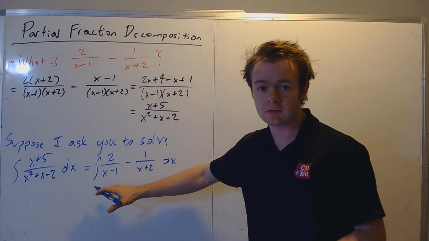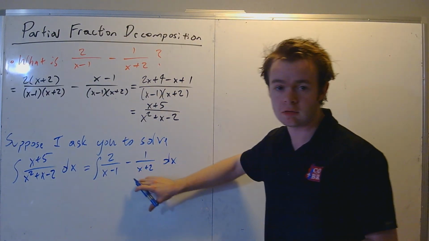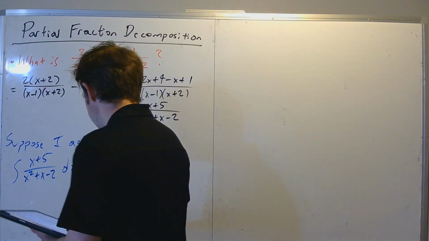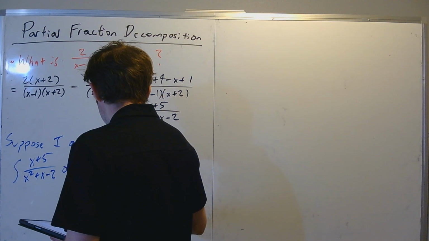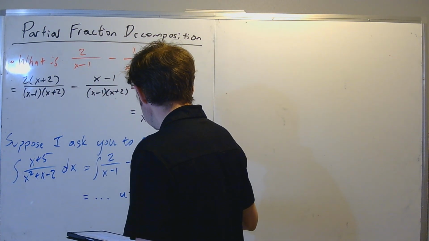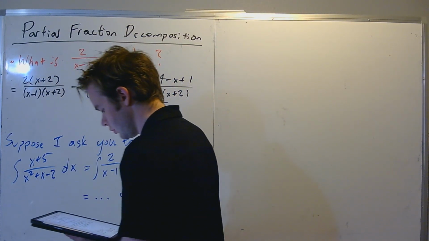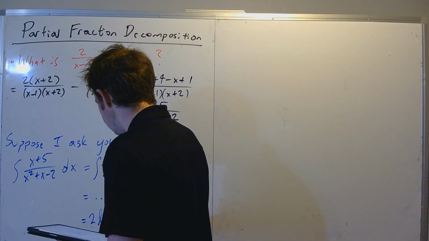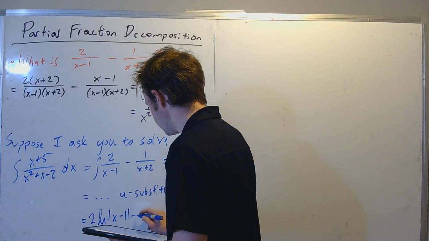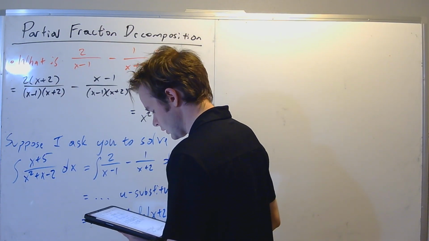And now you try to solve these two integrals, and you say, well, we can actually solve these. We can try u substitution, and that's actually going to work here. So if we do the u substitution, then this is going to be equal to 2 times the natural log of the absolute value of x minus 1 minus the natural log of the absolute value of x plus 2 plus c.